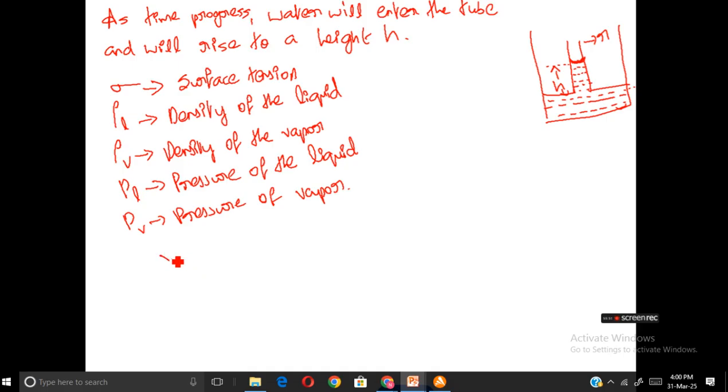We know that the volume of the liquid is equal to mass by density.